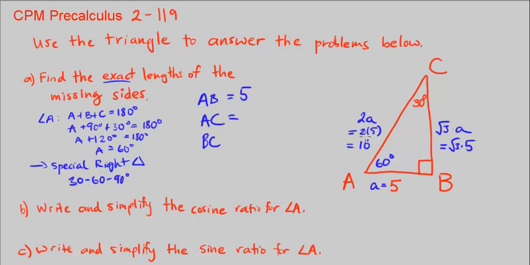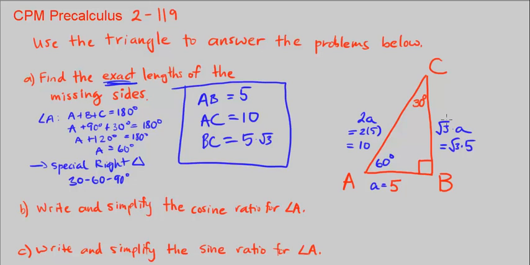AC we just found is 10 units. And BC we just found is 5 times square root of 3. Alright? And those are the exact lengths. So don't plug it into your calculator, and we have those done. The missing sides are just these two. This one's already given to us. Alright. Let's go on to part B.